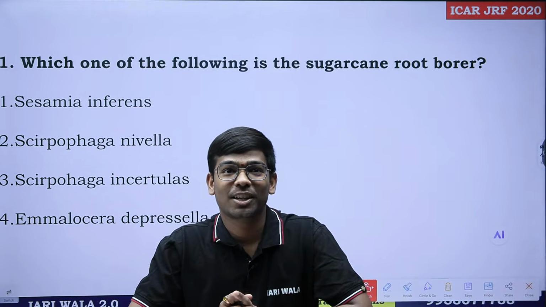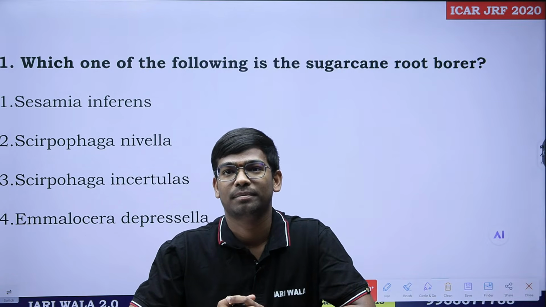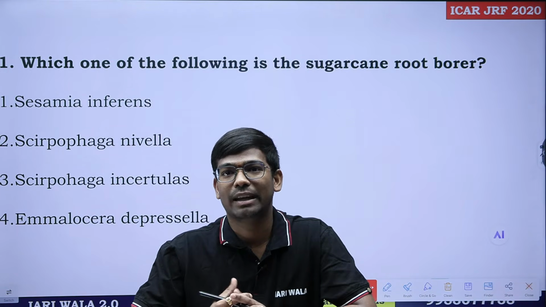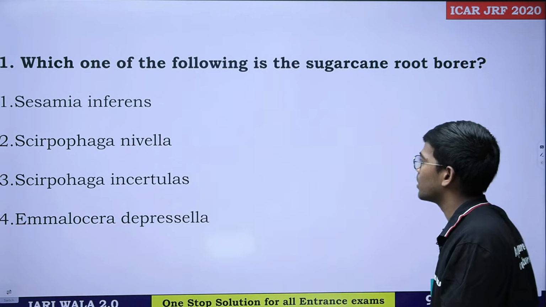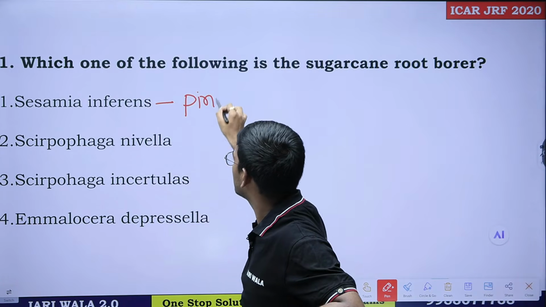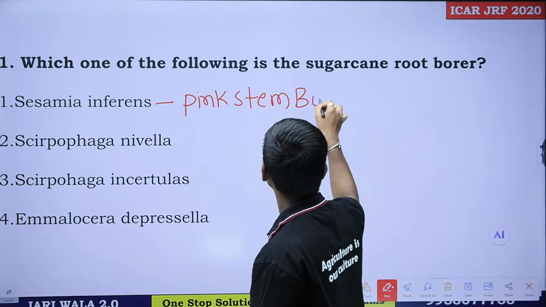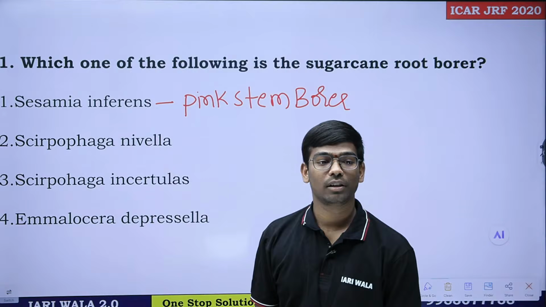First, clearly read the question. Which one of the following is the sugarcane root borer? So many of the students are telling 2, but actually the answer is 4, not 2. Here we know Sesamia inferens is pink stem borer. Then Scirpophaga niveella is the sugarcane top shoot borer.